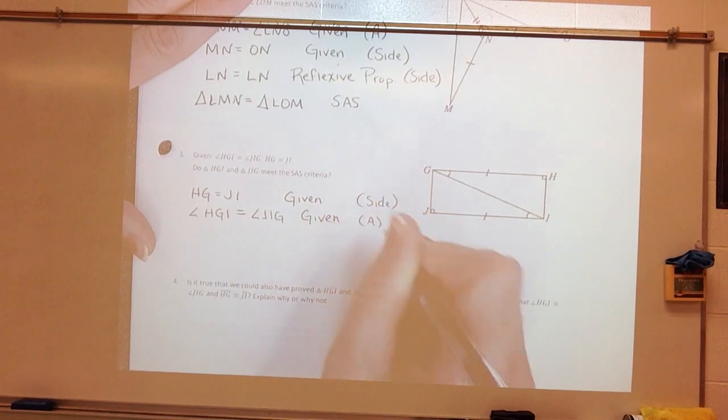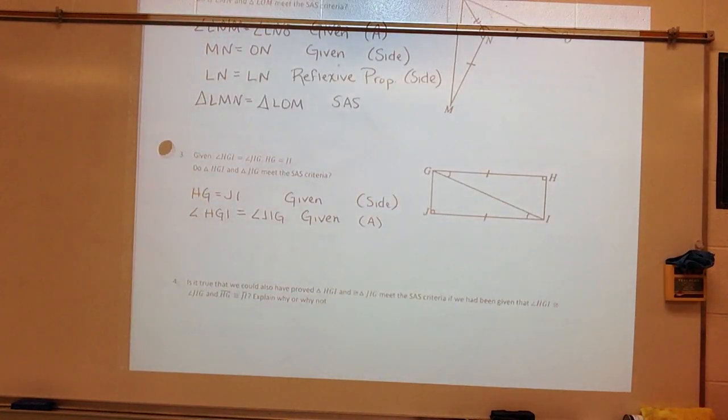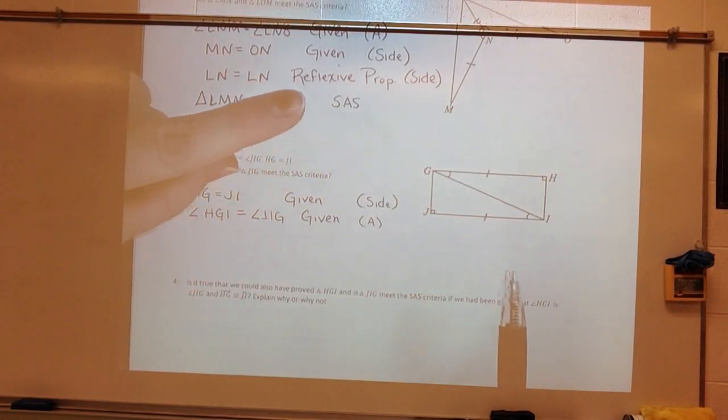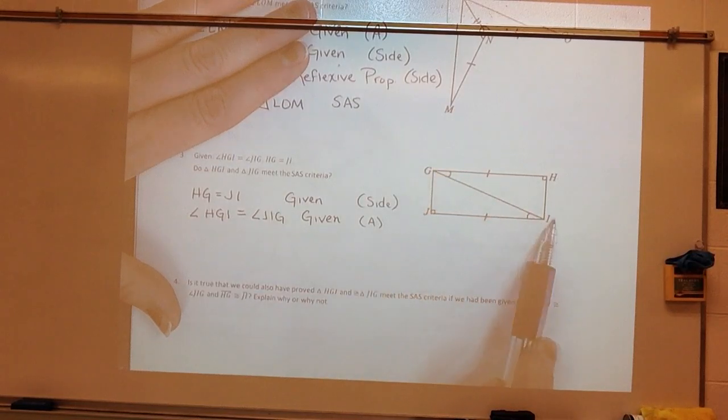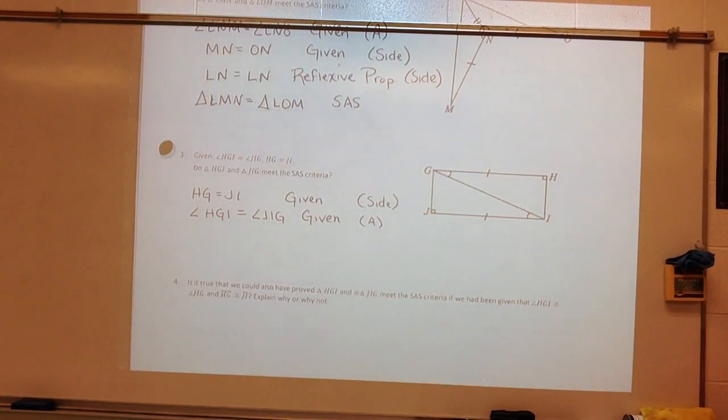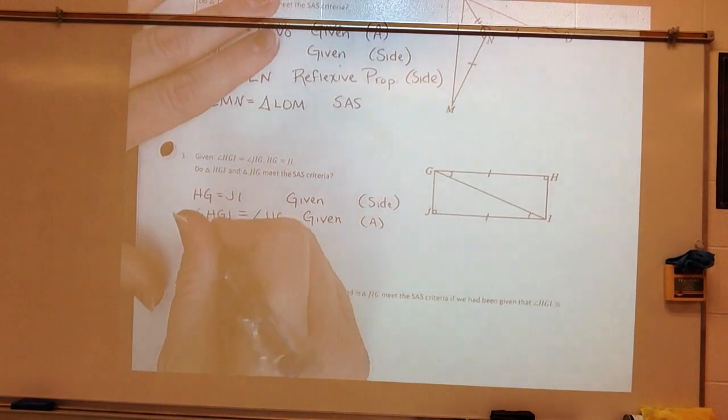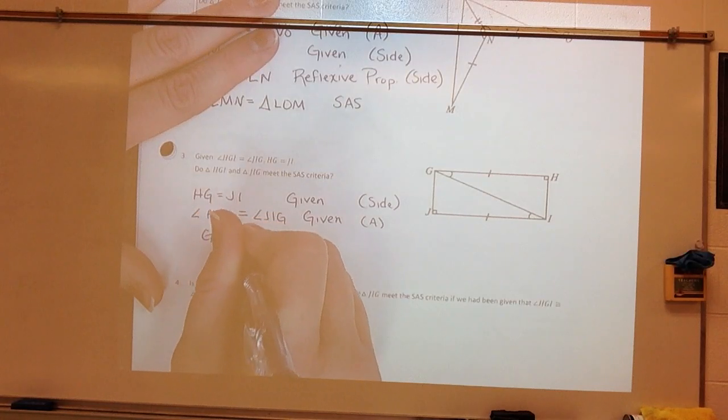Here's my angle. That means I need to see if I can prove another side congruent. It's got to be a certain side. So if I have side, angle, this has to be the side that I have to prove congruent. Because it's the same side of both triangles, once again I can prove that GI is equal to GI.